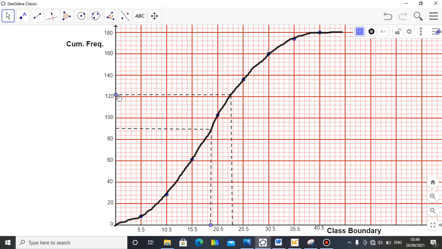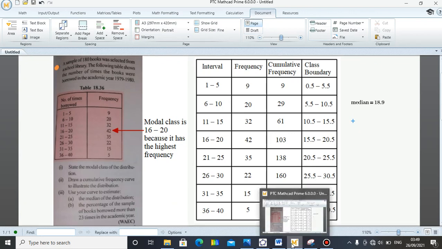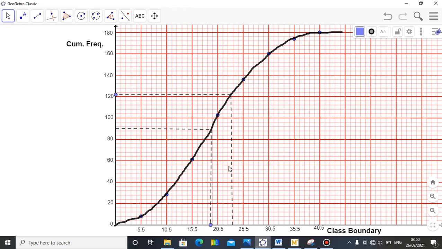So since it's around 122 here, then you come and do your final calculation. Then the percentage of the sample of books borrowed more than 23 times. Wait, let me see, the question says more than 23 times. Okay, and the graph, so this is from here and above.